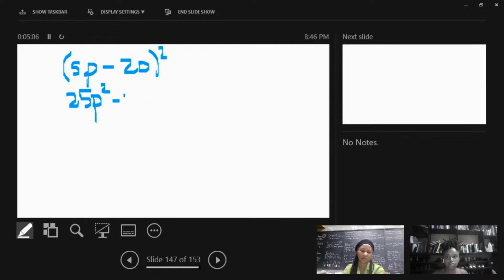Miss, is that a letter or an actual 20? 20. Oh, sorry. I thought it was a 2. So it would be 5 times 20 is 100, times 2 is 200. So 200p plus 400. All right.